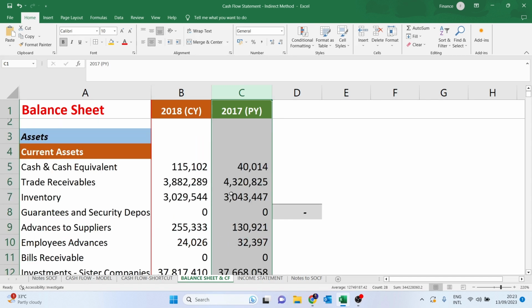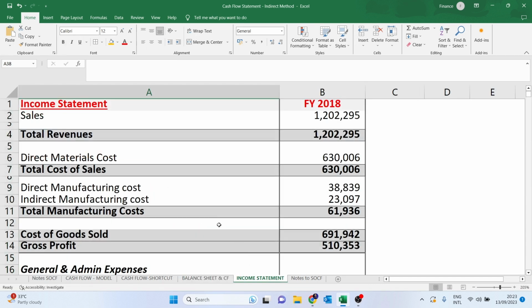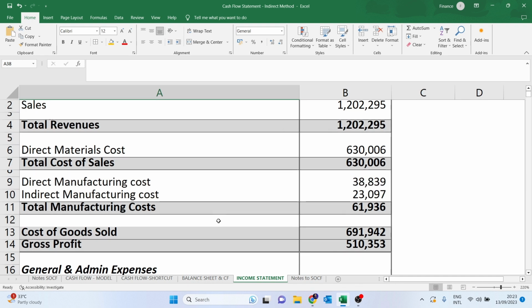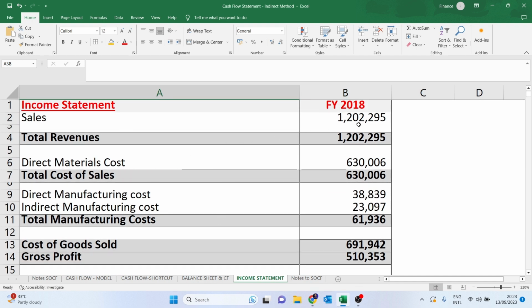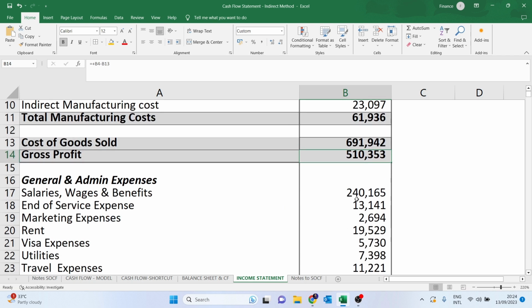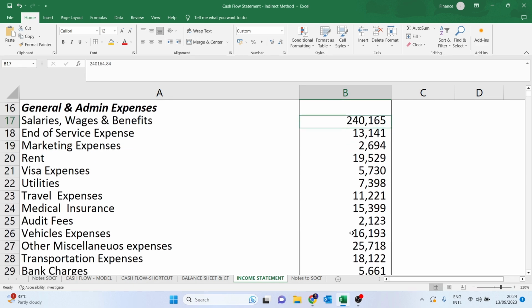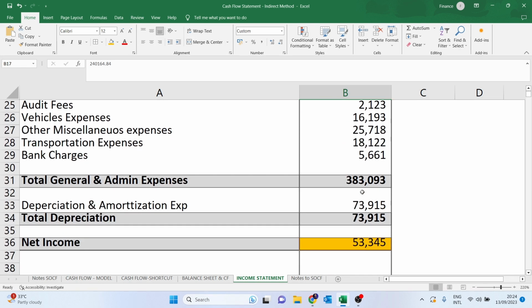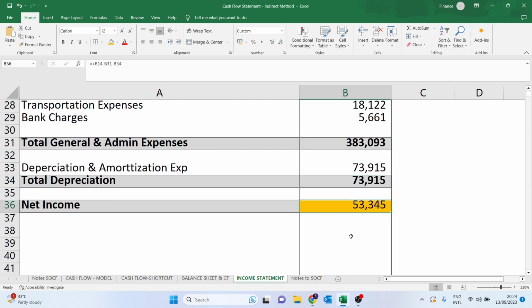And we need an income statement. So we have the income statement here. Sales is there, and the direct material cost, and manufacturing indirect and direct is there, and cost of goods sold, which gives us the gross profit. Then general and admin expenses, various expenses paid during the year, and the depreciation and amortization, and finally the net income.